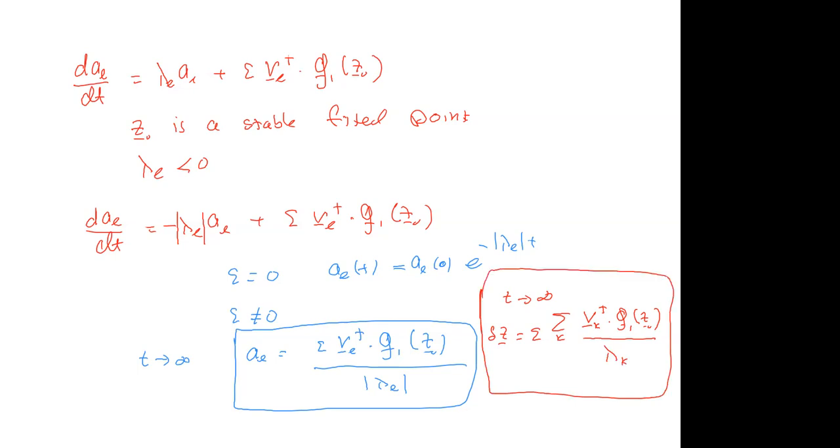All we have to do is find the eigenvalues and eigenvectors, and actually the adjoint eigenvectors, of the matrix J, and then we can write down the solution explicitly. And so it's kind of a nice picture. The picture was that our starting point was some dynamics, Z dot equals G0 of Z naught of Z. And basically we say this has a fixed point at Z naught.